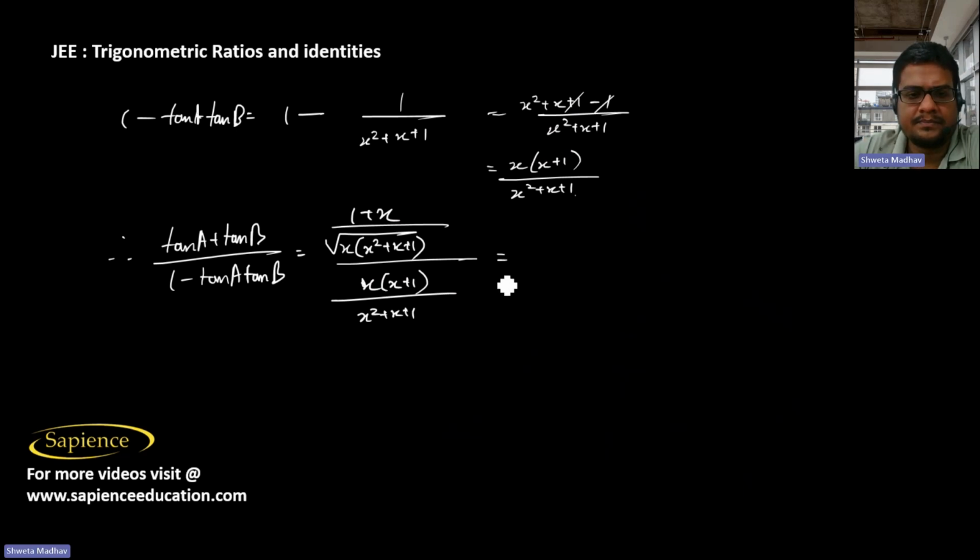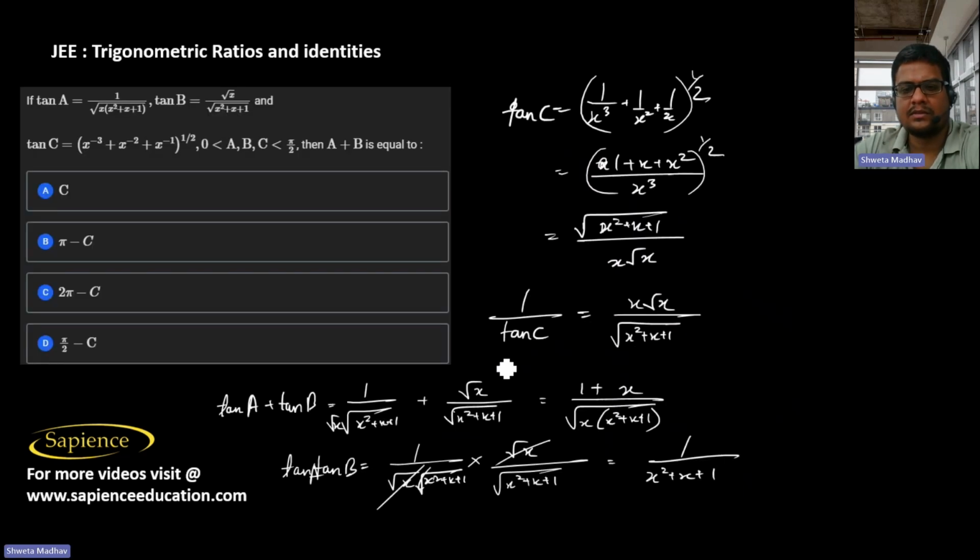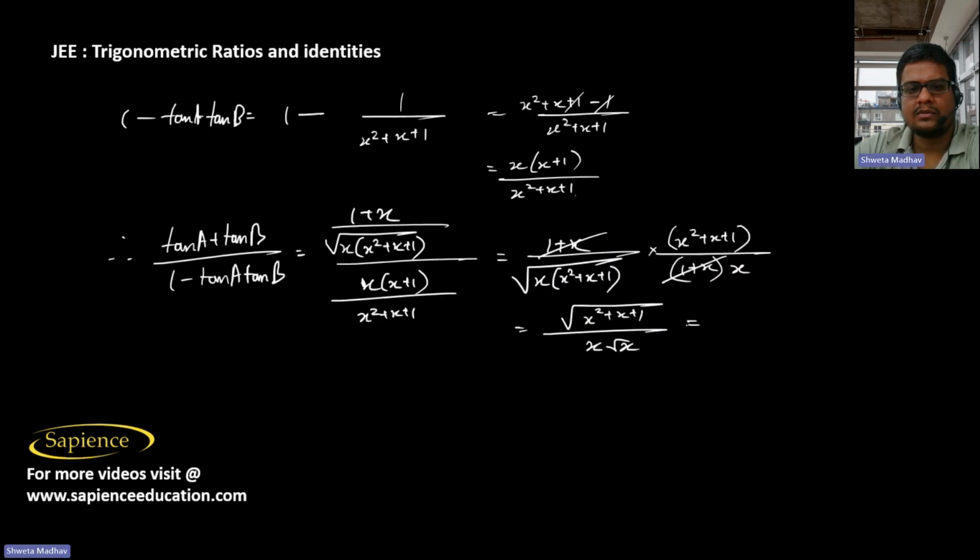So this will be (1 plus x) by square root of x into (x square plus x plus 1), into (x square plus x plus 1) divided by (1 plus x) into x. So these two will get cancelled, and then we will get root over (x square plus x plus 1) divided by x root x, which is obviously equal to tan C.